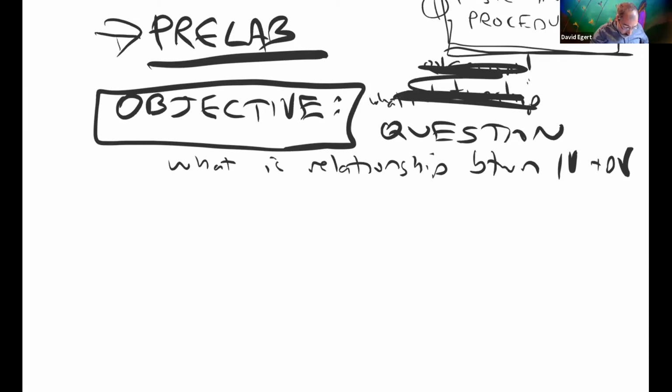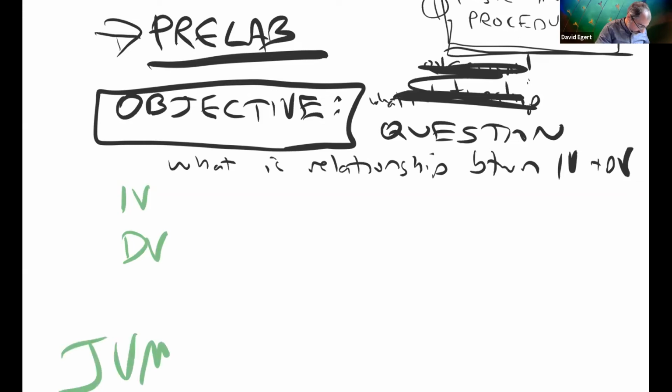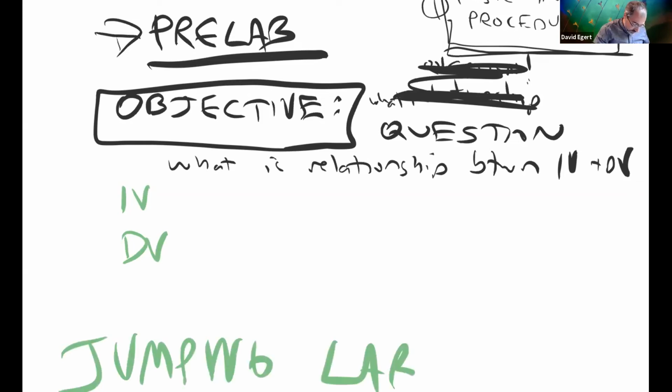So what are the independent and dependent variables for this jumping lab? We're measuring people's height, their weight, their calf circumference, and then seeing how high they can vertically jump. So the independent variables would be the height, weight, and calf circumference.